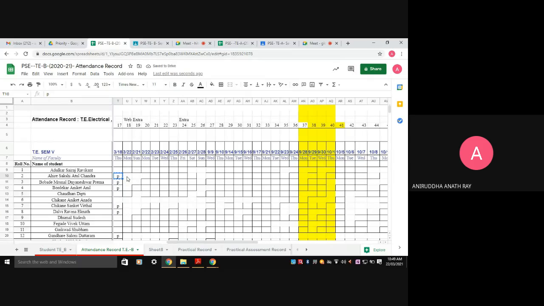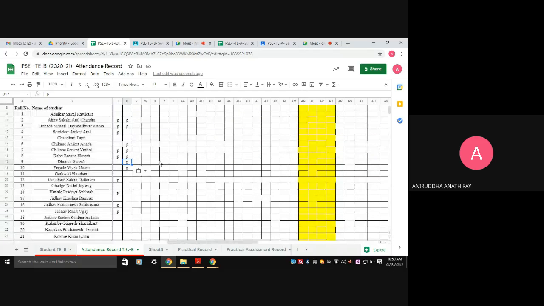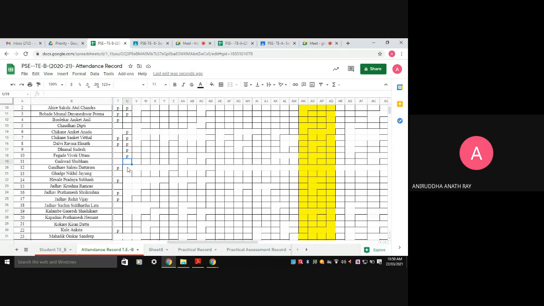Third year B division, roll number 1 to 10: 2, 3, 7, 6, 10, 8, 9. Then 11 to 20: 18, 17, 13, 16, 19.